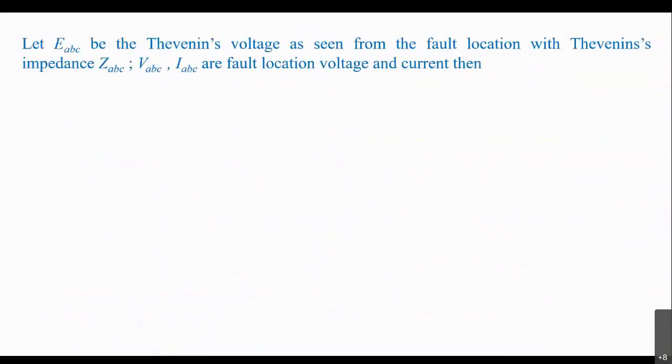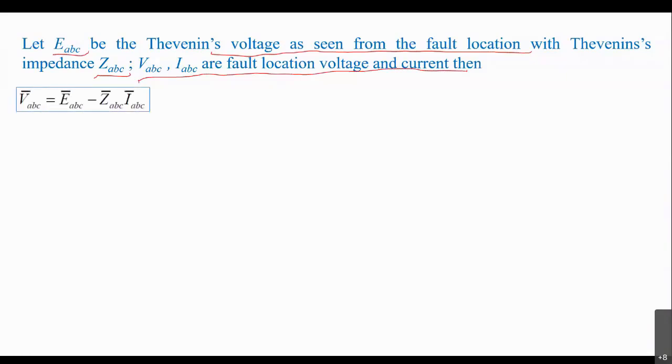Let Eabc be the Thevenin's voltage. We consider the network and find the Thevenin's equivalent, where the Thevenin's voltage as seen from the fault location is Eabc, the Thevenin's impedance is Zabc, and Vabc and Iabc are the fault location voltage and current.